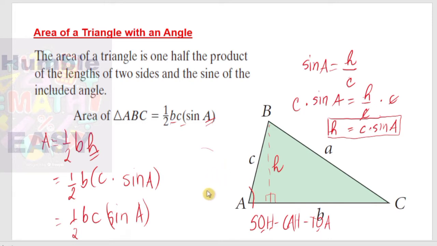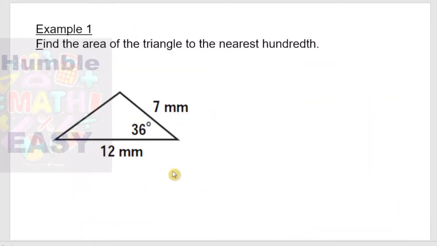So angle A is the included angle of sides B and C. Yes, we can use this formula because the given angle is in between the two given sides, so we could use the area is equal to 1/2 base times C times sine A.